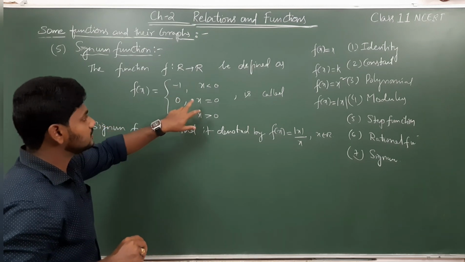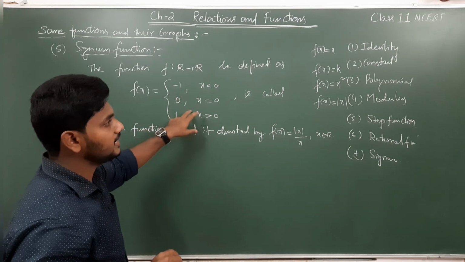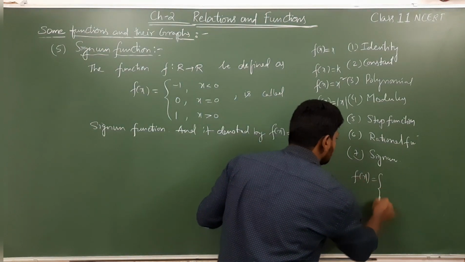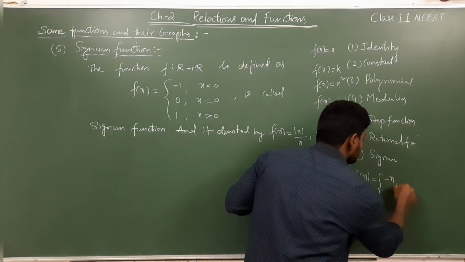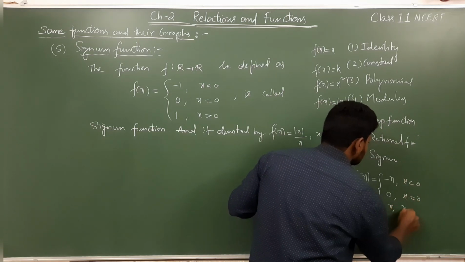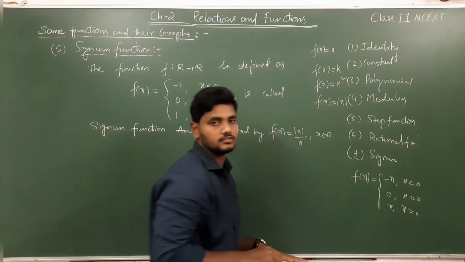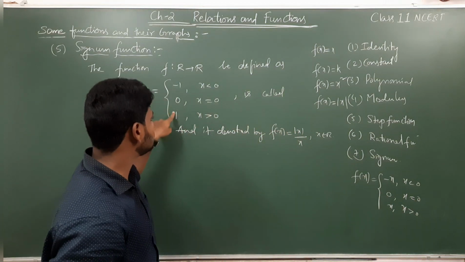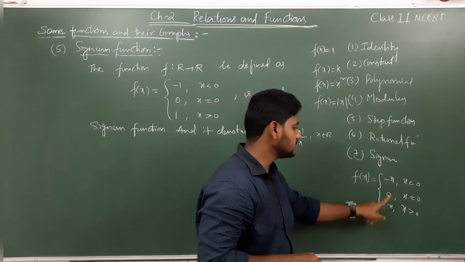If you observe this, you will get an idea from the modulus function. You know the modulus function: f of x equal to minus x when x is less than 0, 0 when x is equal to 0, and x when x is greater than 0, right or not? This is somewhat similar, but here -1 will be there, whereas there it is minus x and x.